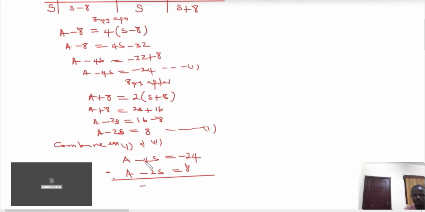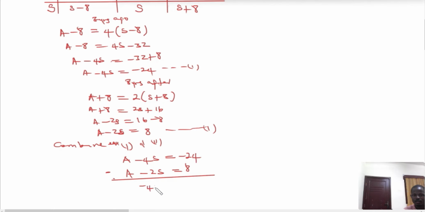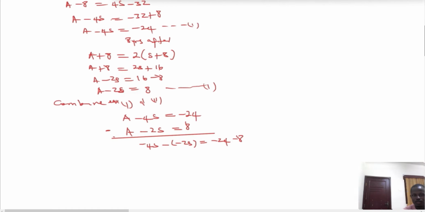We're going to have now minus 4S here minus 2S, and then here we say minus 24 minus 8, which is what we have written here, and here we say minus 4S minus 2S. So let's try to get the values.